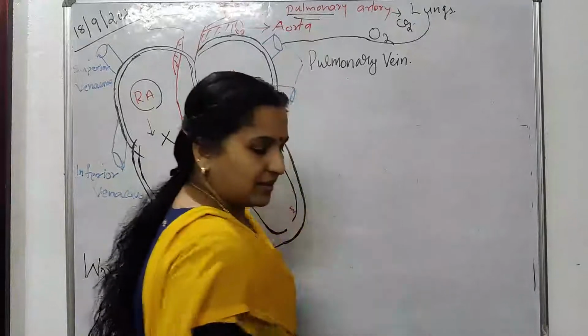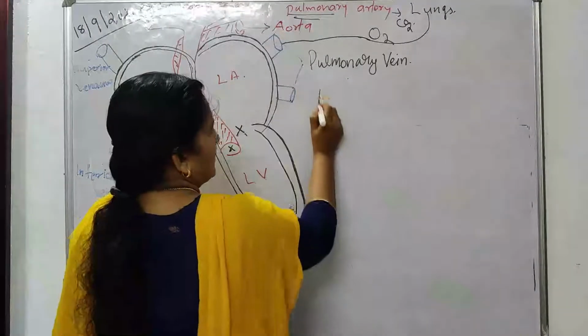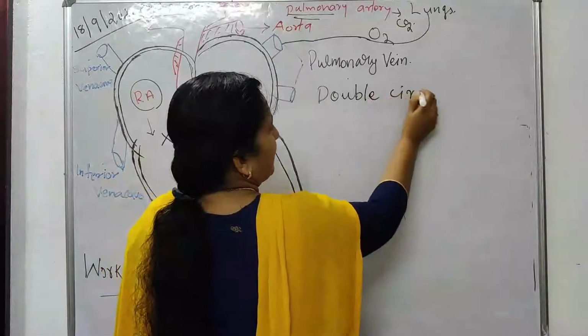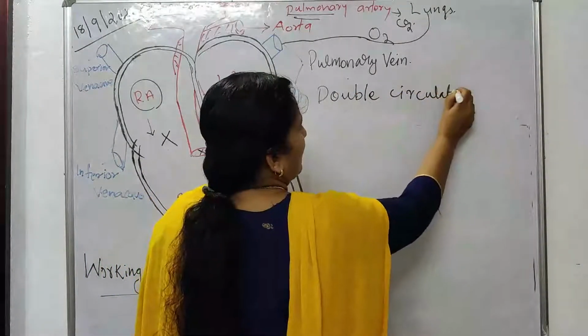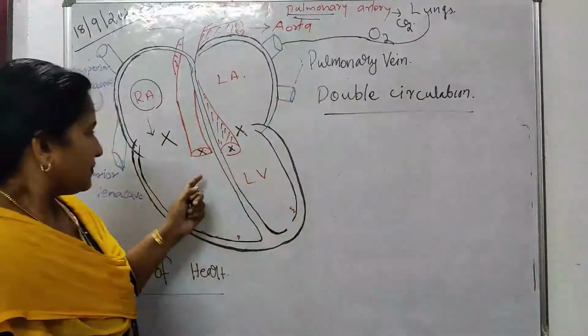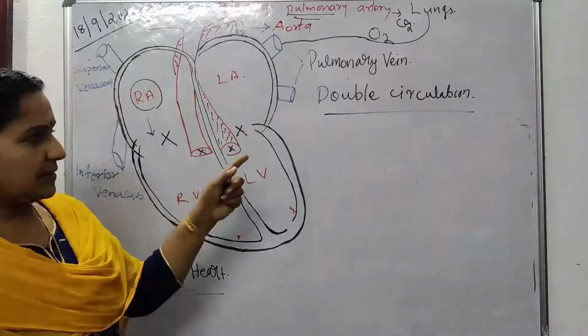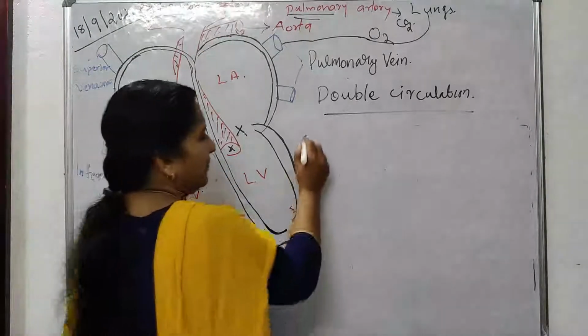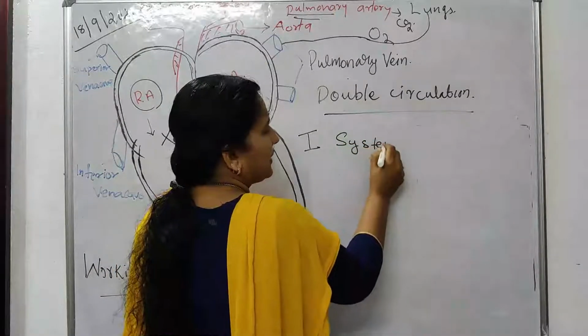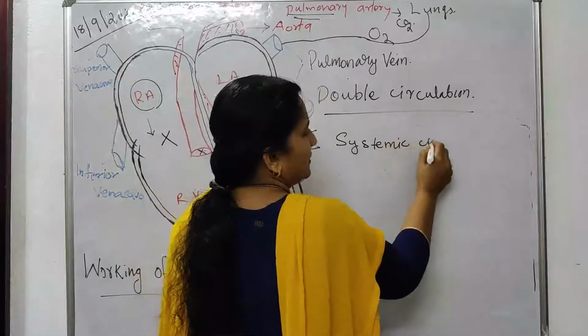So let us see what is double circulation. See, in double circulation, we can give the names systemic circulation and pulmonary circulation.